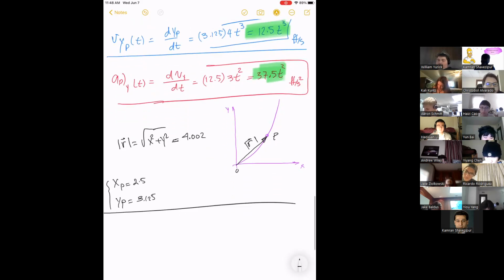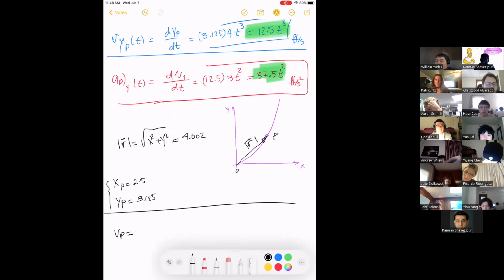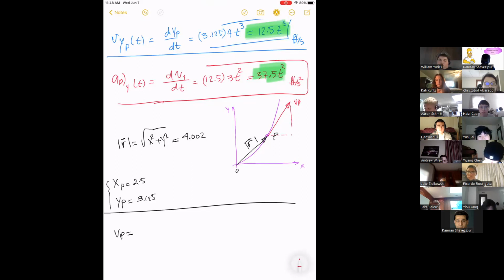Then how about velocity of p? Again, you have x and y component of velocity, right? If you look here, please stop writing and pay attention to the screen for a second. If this is the velocity of p, which is tangent to the path, it's going to have vpx and vpy, right?